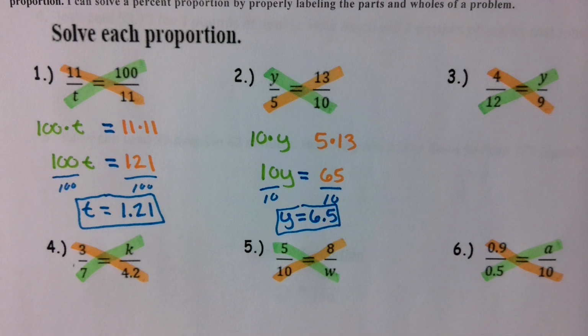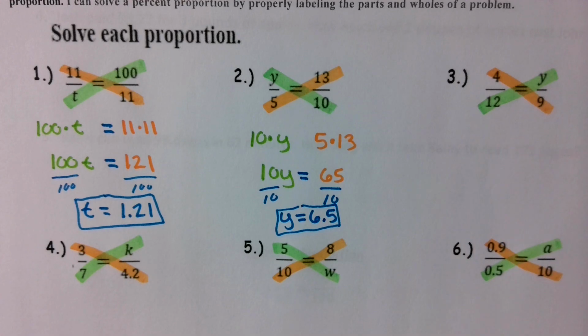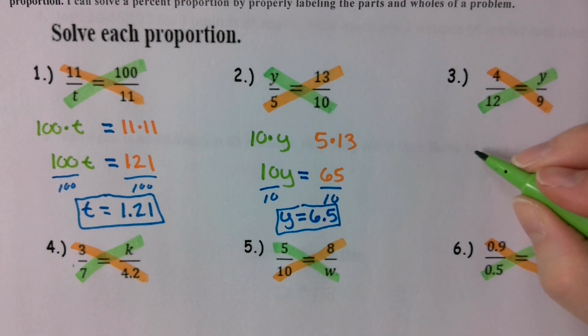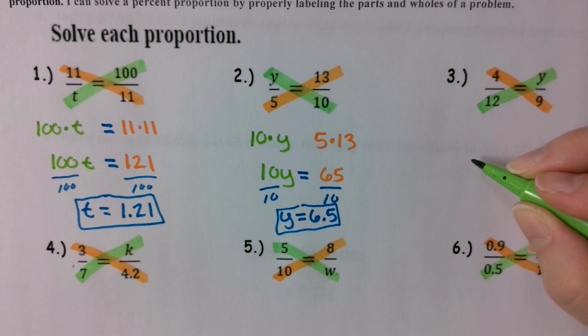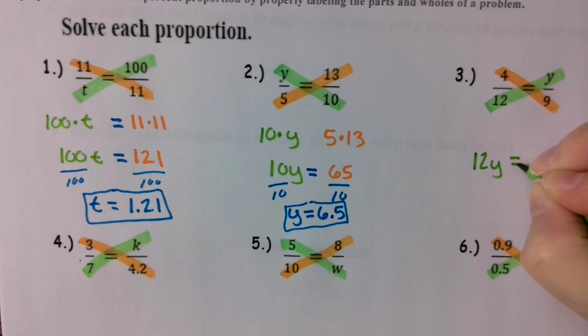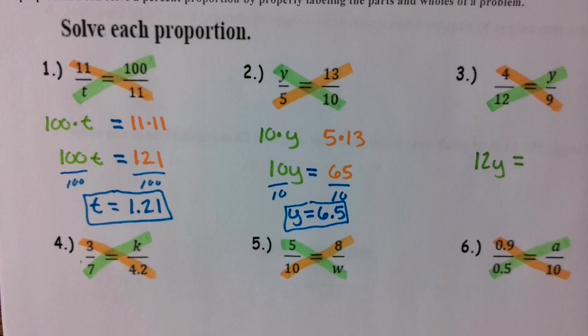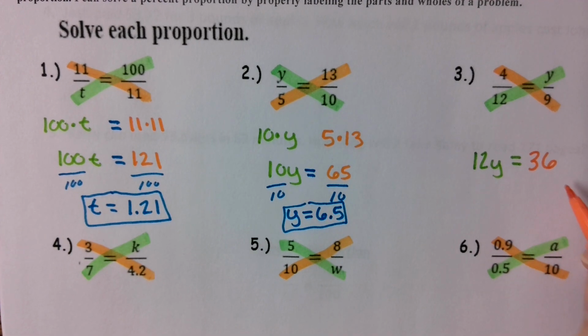So for problem number 3, Angeline, what was the equation that we set up? Okay, so 12y is equal to what? Which is 36. So our equation is 12y is equal to 36.